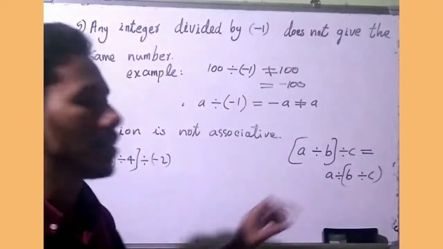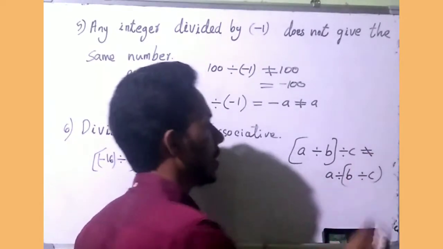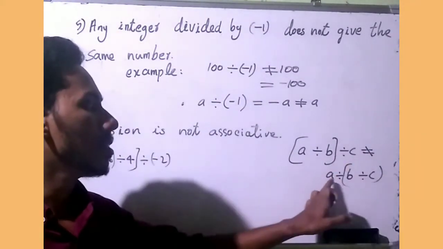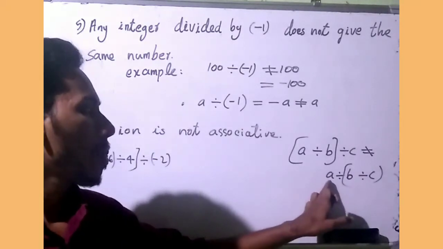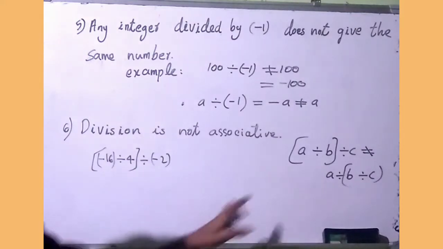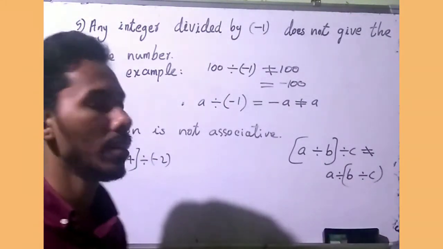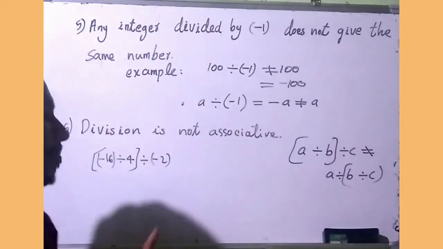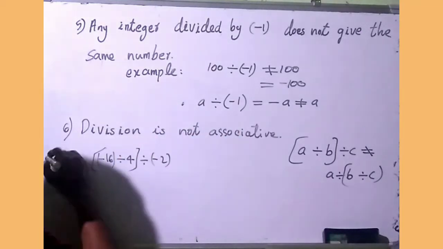But it is not satisfied for division. That means the two groupings are not equal. That is, division is not associative. Just listen, as an example.